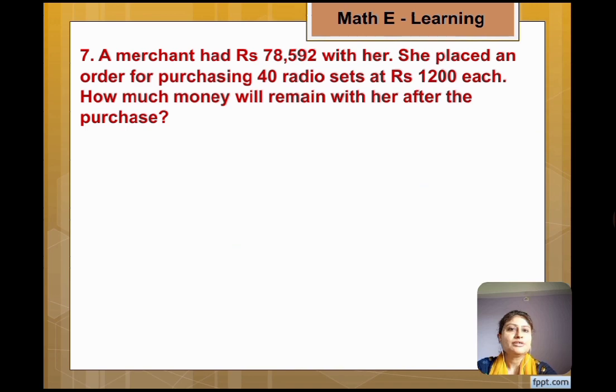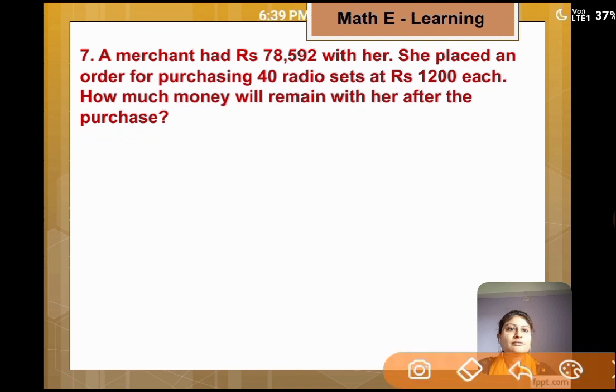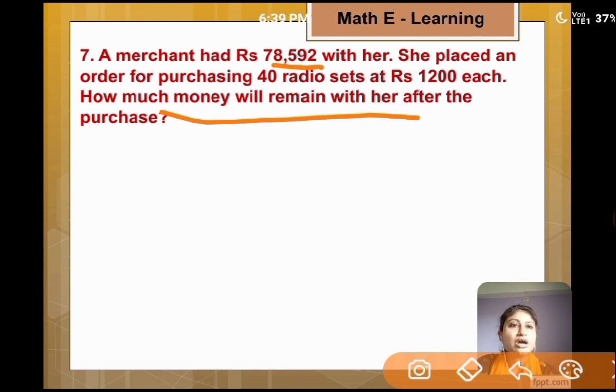And here you are asked how much money will remain after purchase. So we will do subtraction of this amount with the amount of 40 radio sets, right? So how to write?